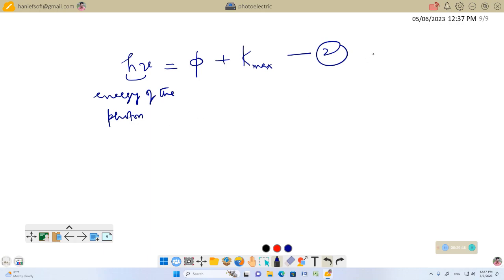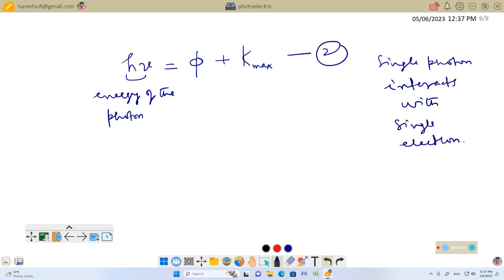This is important in this idea of photon in photoelectric effect. Single photon, single photon interacts with single electron, right? So when this photon strikes the metal surface, single photon with energy h nu interacts with single electron, right?